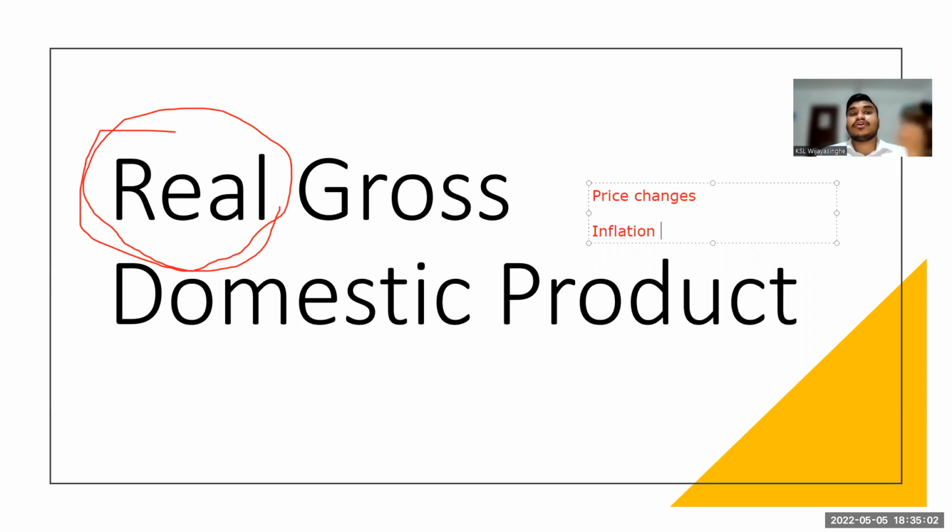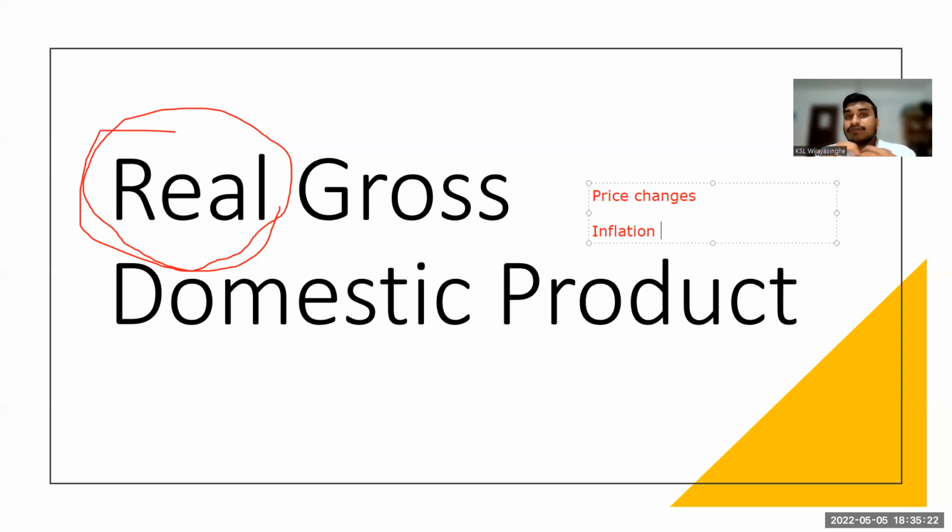What we mean by real in economics is where you take into consideration the price changes, so inflation. For example, in the beginning of this year, an Apple iPhone might have cost close to 200,000. Now it might even cost a good 500,000.